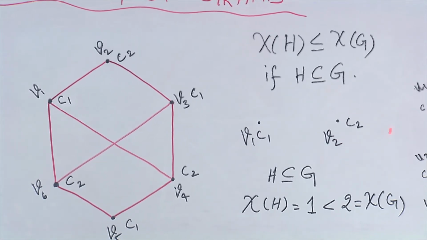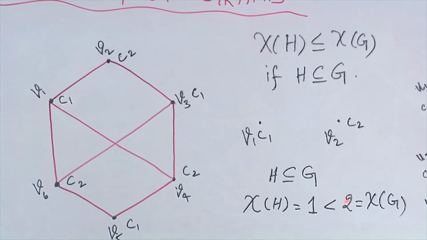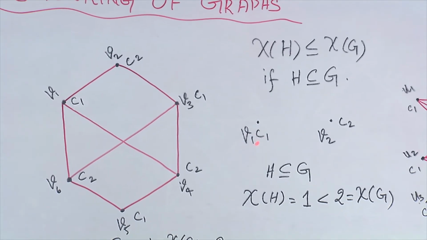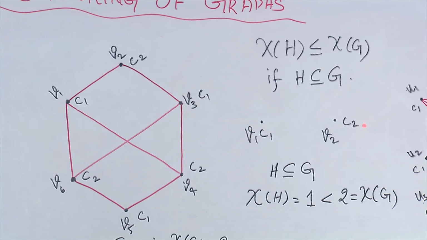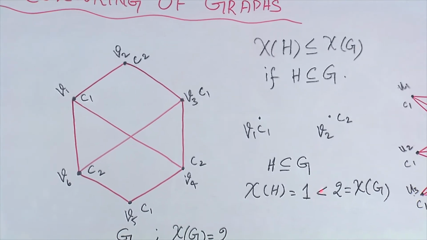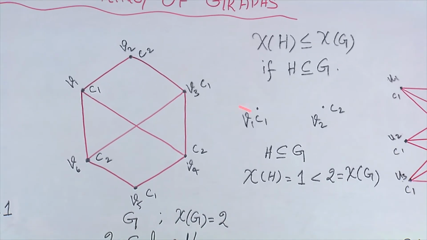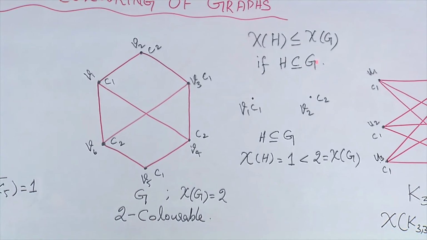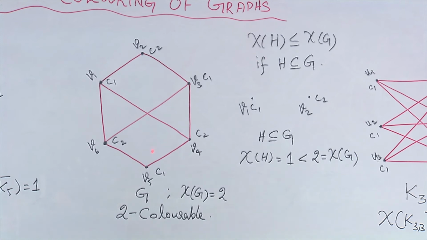Here the chromatic number is 1, which is obviously less than 2. Here I am going to give C1 to this vertex as well as C1 to this vertex, not C2. So the chromatic number is 1 and 1 is less than 2, that is obviously equal to chi of G. So we verified that theorem by this example.